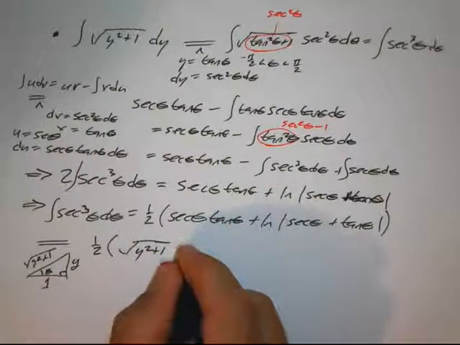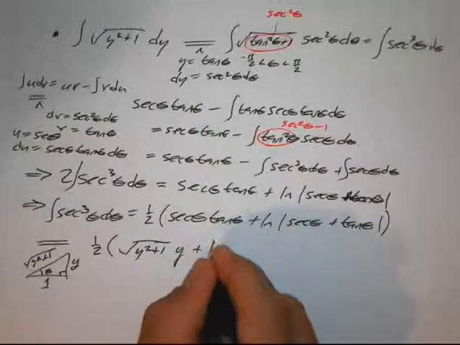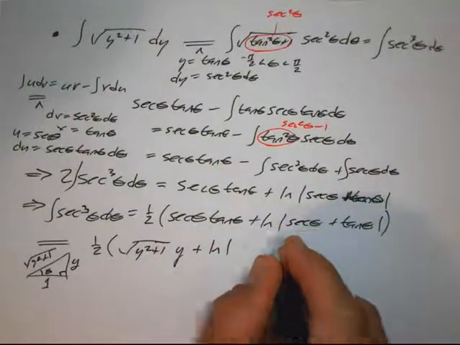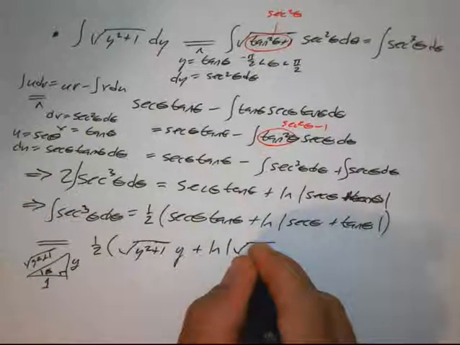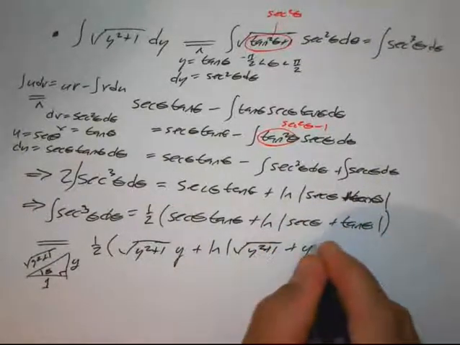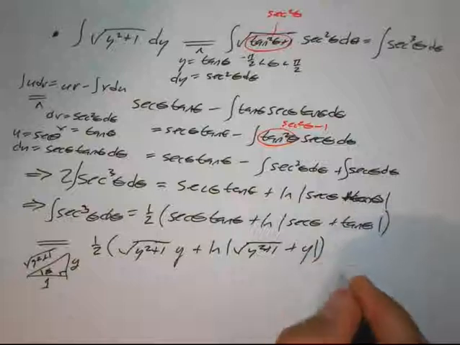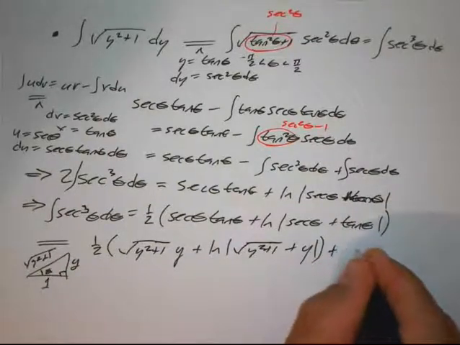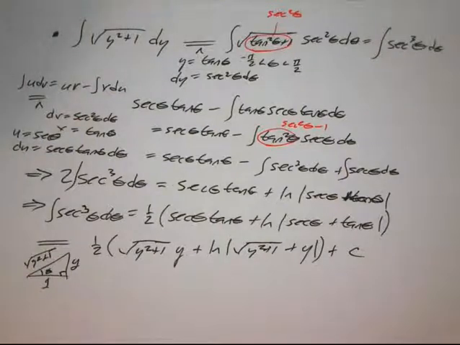There's tan theta, that's y. There's secant theta again. There's tan theta. Since this was an indefinite integral, now we have a completely correct equation.